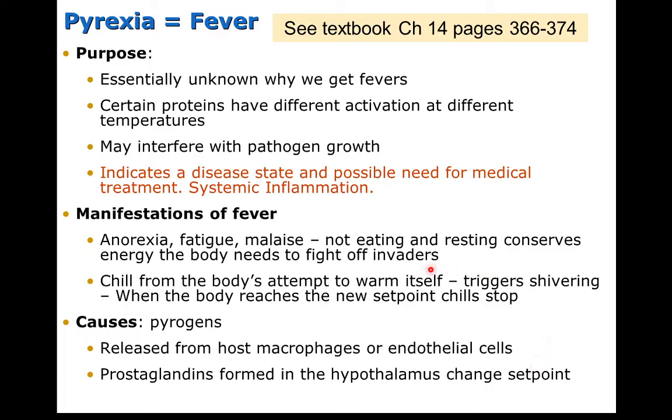At that point, our body thinks it has to reach a new temperature set point. So we attempt to warm ourselves to that higher temperature. And that happens through several things, including shivering. So when we've reached the new set point, the chills will stop.